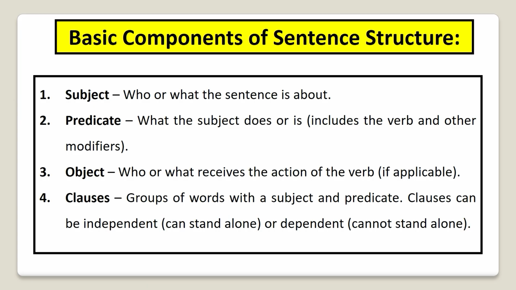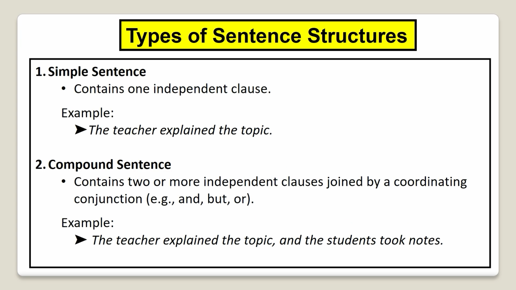If we talk more about the types of sentence structures, they depend on the components used in a particular sentence: how many parts are used, and how many times these components are used.